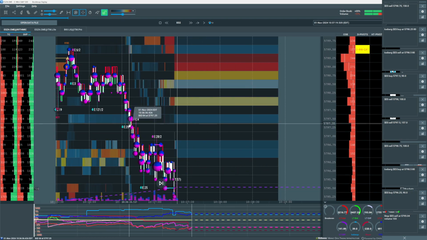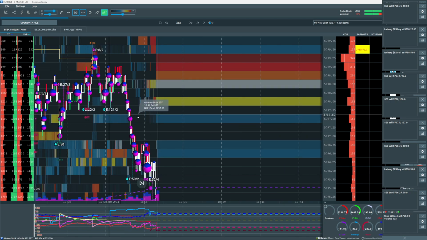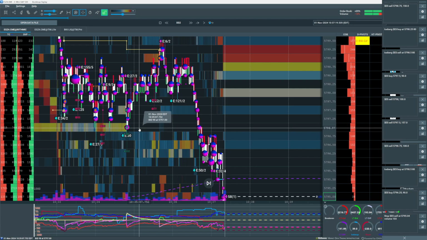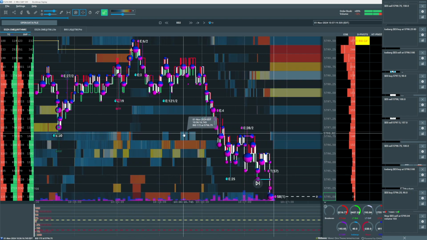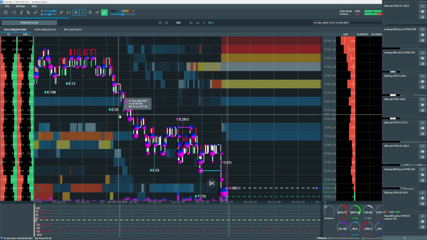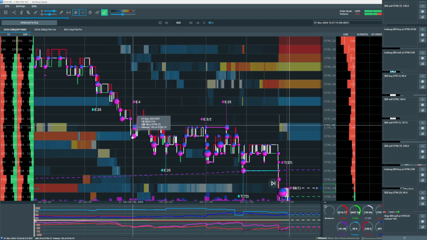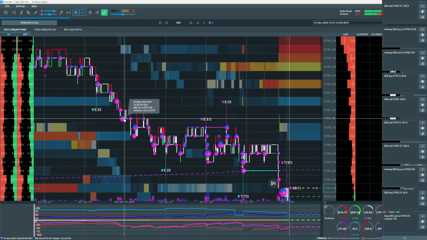Let's say the breakdown of this structure is here at 57.97. When we break down this level, you're going to get a retest right here. So it's a breakdown of 57.97, it's going to push down, and then we come right back up here and test.